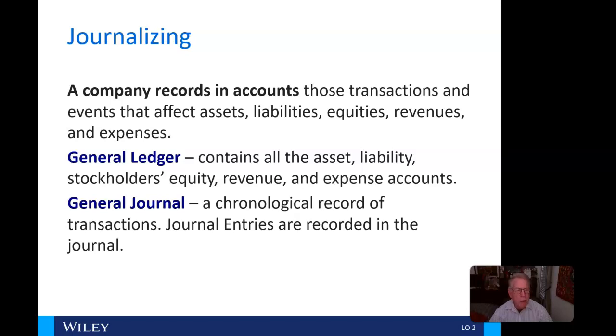So each time we make a journal entry, we record the time and a description, and we attach the documentation behind that and put it in a file so we can extract it should our auditors or we want to look at it.